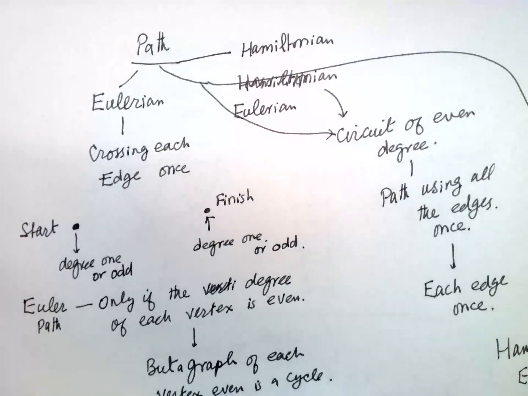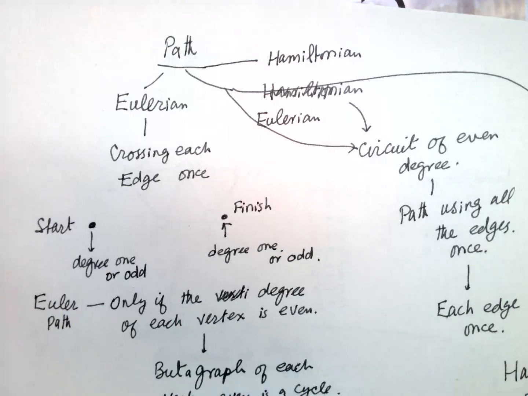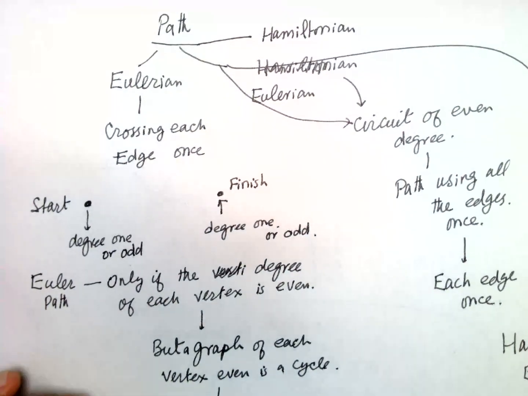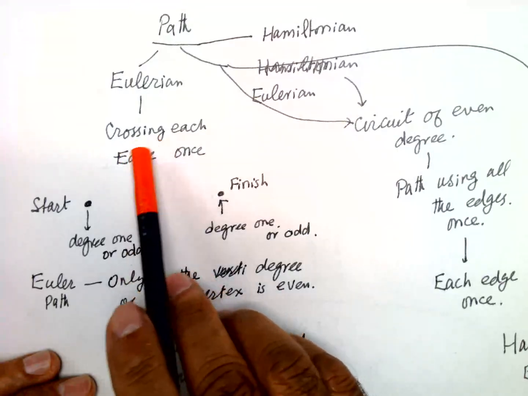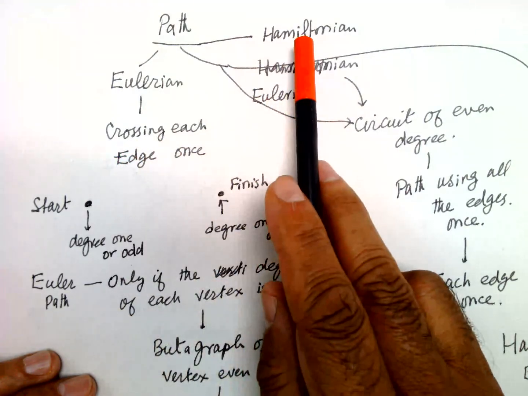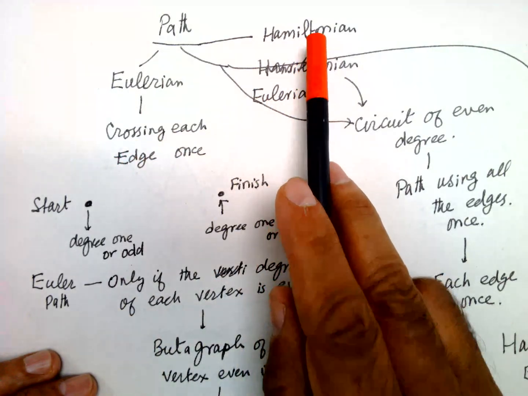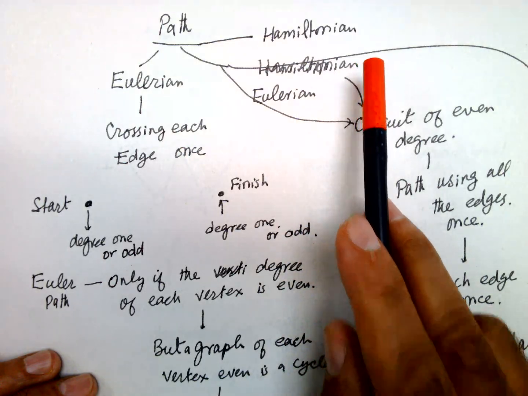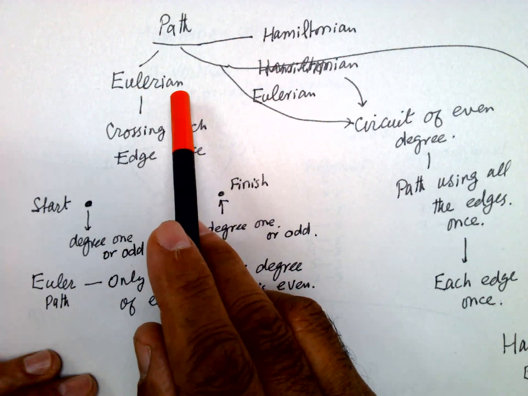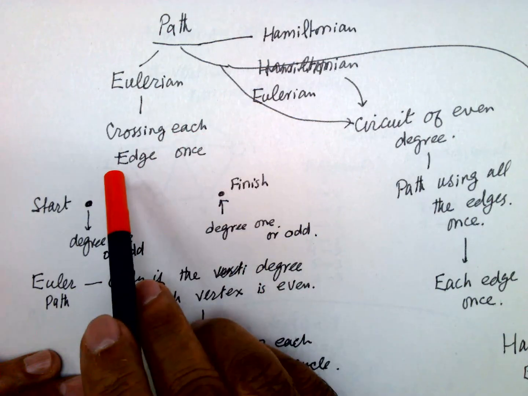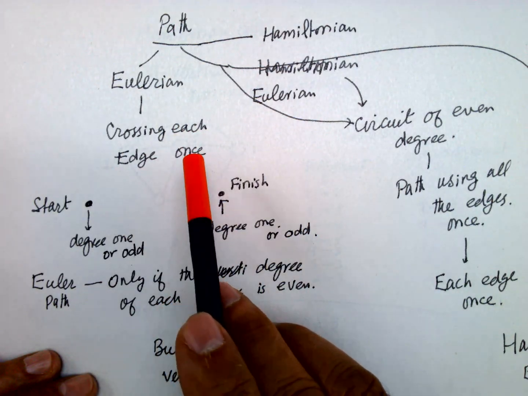Now we will discuss paths. There are two kinds of path. One is called the Eulerian path, in which we cross each edge only once, and there is the Hamiltonian path, where we cross each vertex only once. So in the Eulerian path, we have crossed the edges once.